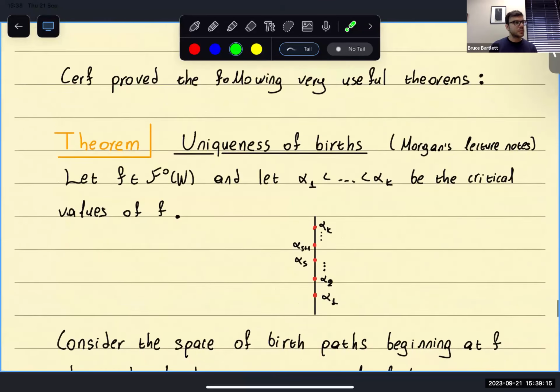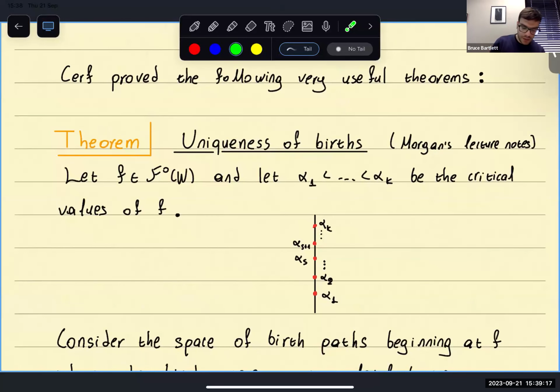So what is uniqueness of births? If you start with an excellent Morse function, and you have, say, alpha 1 up to alpha k as critical values of this excellent Morse function. Just like you have Cerf graphics, I sometimes like to write things down with linear Cerf graphics.